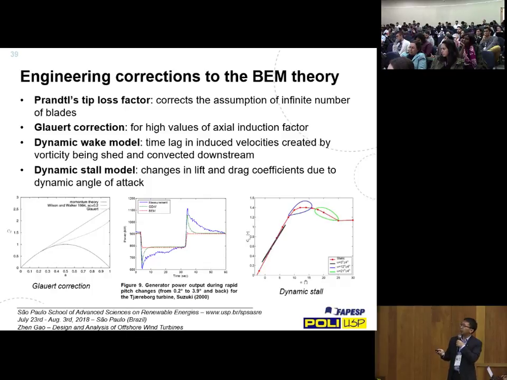And if you run at a relatively large angle of attack, you have the stall effect, and then depending on the increasing of the angle of attack, you have a dynamic effect of the lift and the drag coefficient. So I will not go into these details, and they are available in Martin Hansen's book.